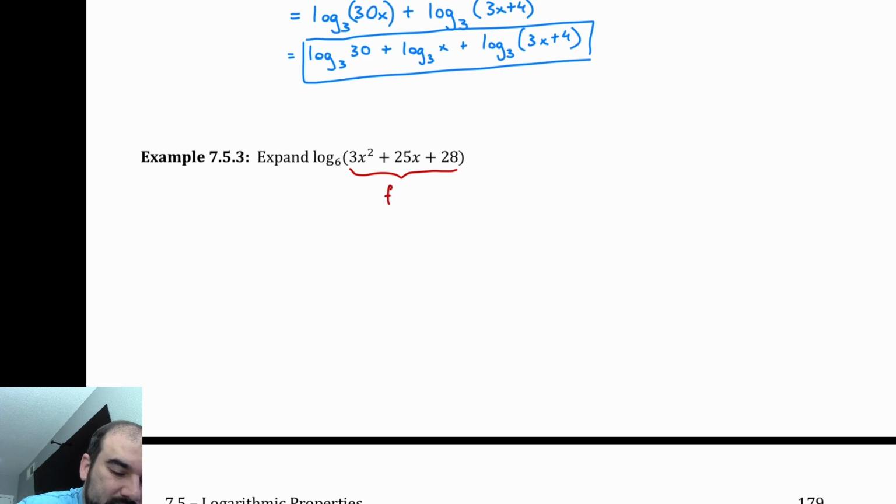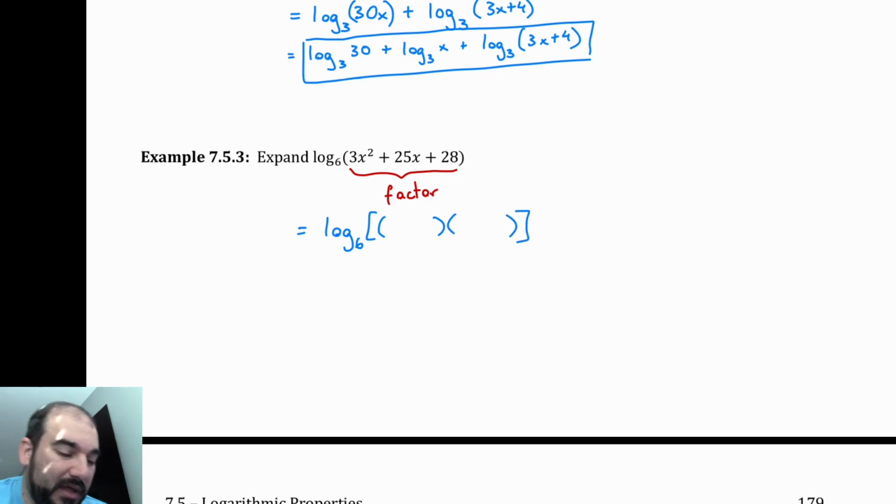And if you factor it, you'll end up with some kind of log base 6 of two parentheses or two factors multiplied together, maybe with like a 3x plus something and an x plus something. In that case, we would be able to split after that fact. But until you factor, you can't expand that one.